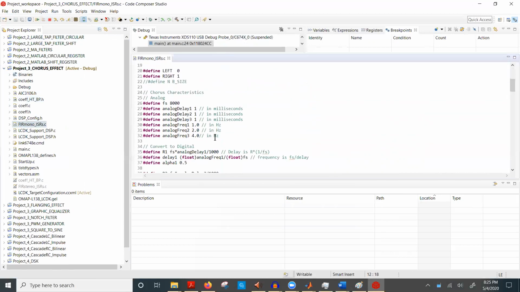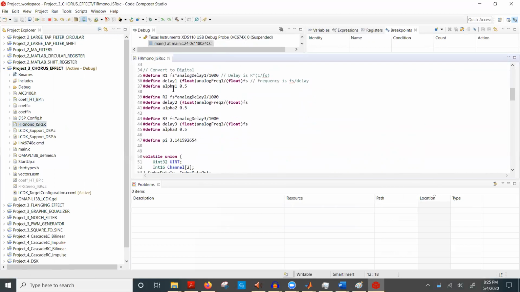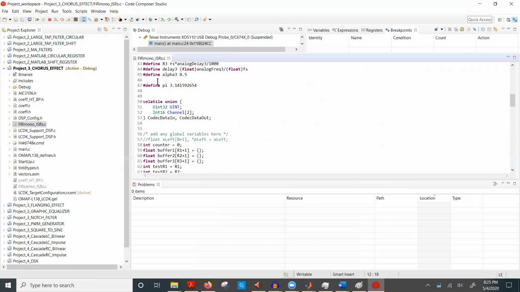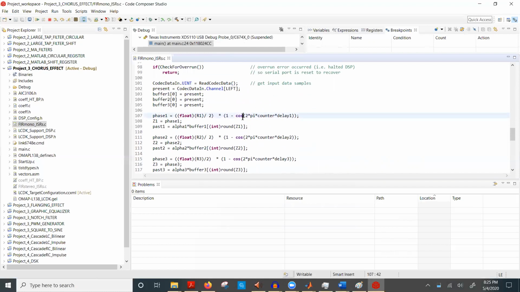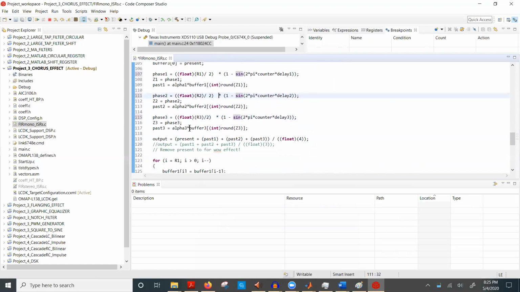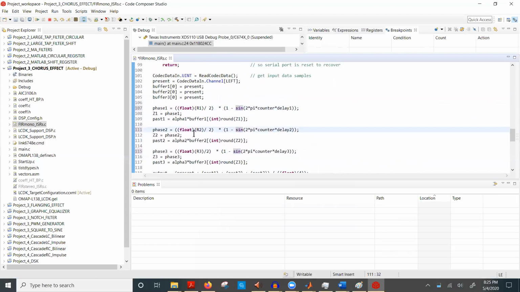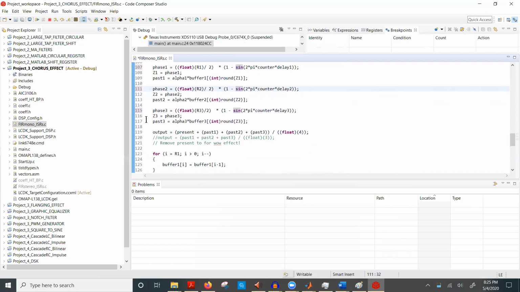So I have 3 analog delays, 3 analog frequencies, and I do all the conversions. Let me convert all these to sine. Doesn't really matter, they're both sinusoids. So I take all 3 of these flanger effects, add them together, and the same thing, I can remove the present effect if I just want the wow effect.